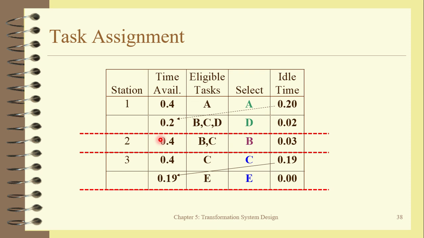First you need to form a table, where the table heading consists of station, available time, eligible task, and then selected task and the idle time here. First you need to open the first station, number 1.